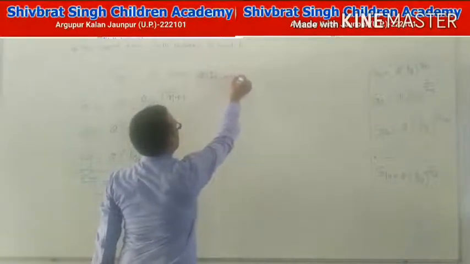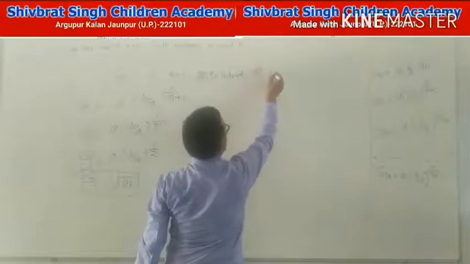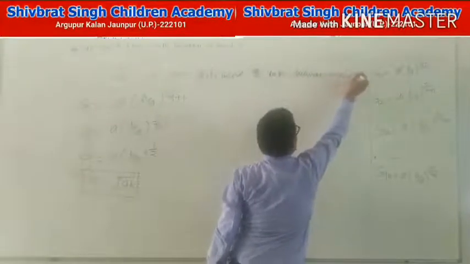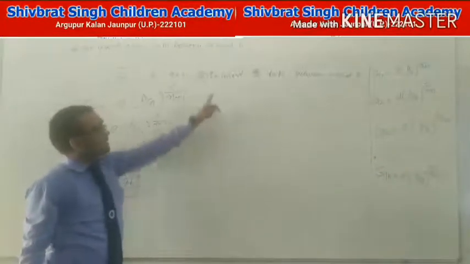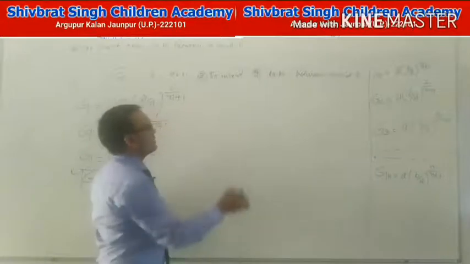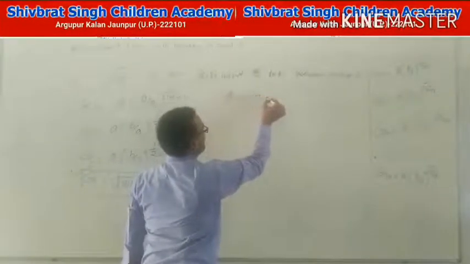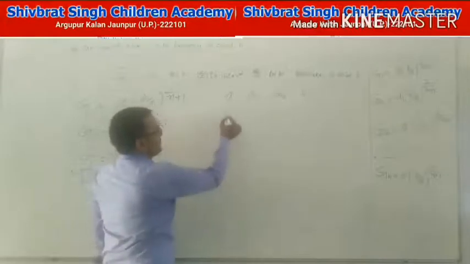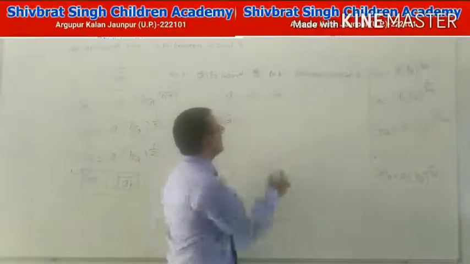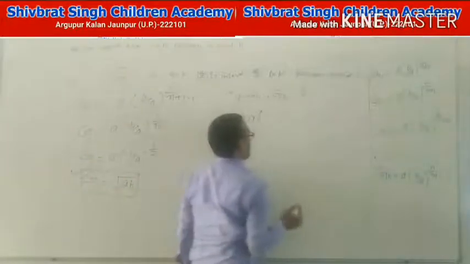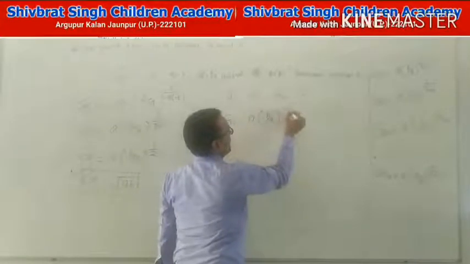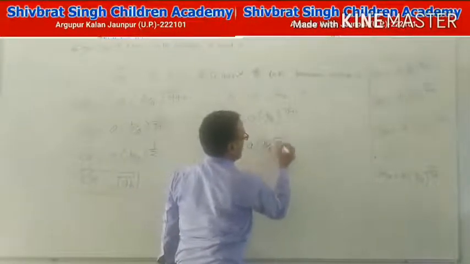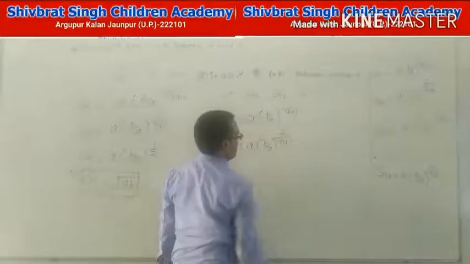Again, to insert two geometric means between A and B. Here A, one geometric mean is G1 and the second geometric mean is G2, and B. G1 equals A times (B upon A) to the power 1 upon n plus 1, and G2 equals A times (B upon A) to the power 2 upon n plus 1.